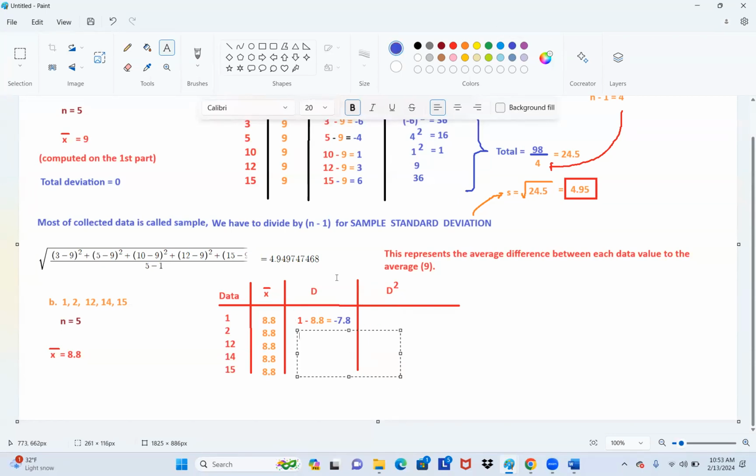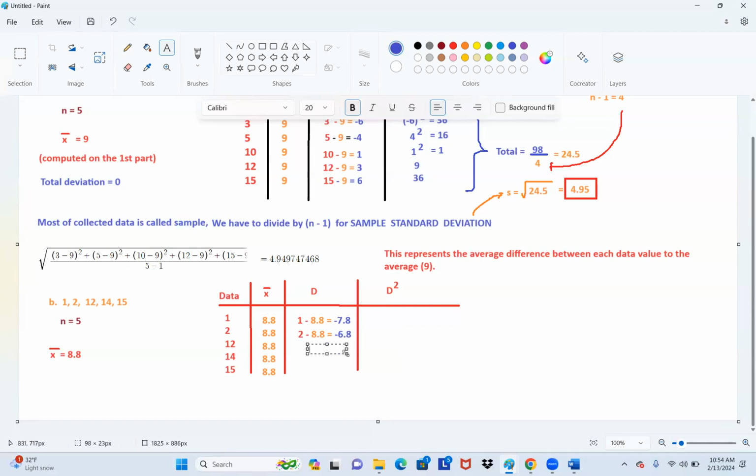Okay. So we do exactly the same thing. We take 2 minus 8.8, and we get negative 6.8.